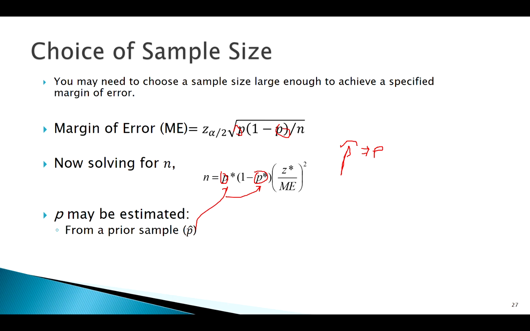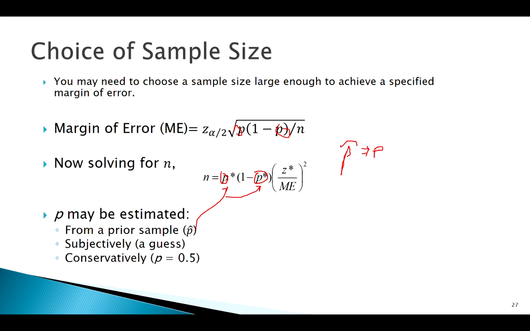We may not have some sort of prior information. What if we don't have prior information? Well, we can just use our best guess in some cases, and that's okay, but guessing isn't great. Or we can use what we might call the conservative estimate of P. A conservative estimate of P could be anything from 0 to 1, and right there in the middle, P equal to 0.5.